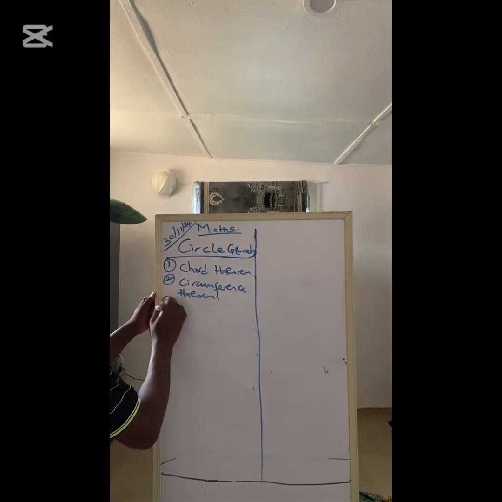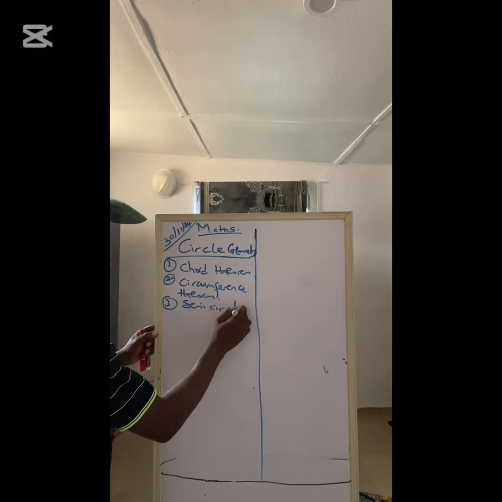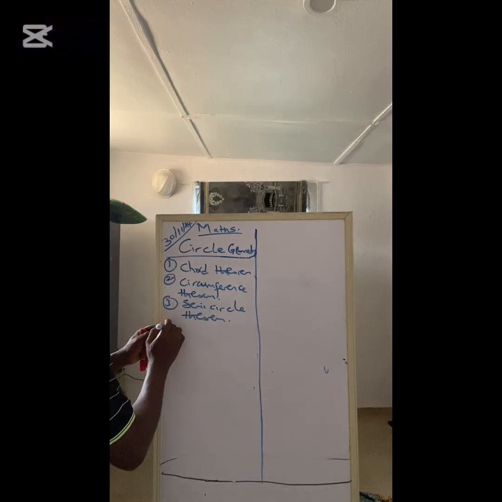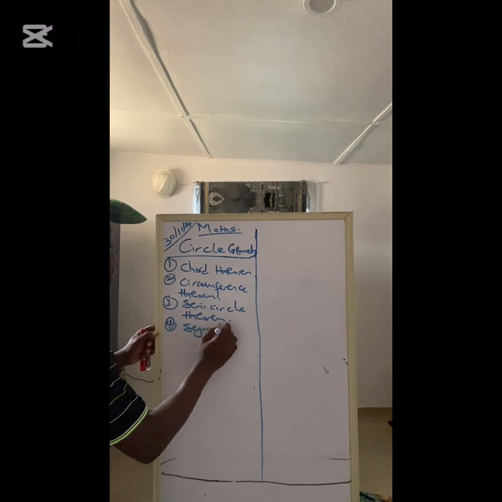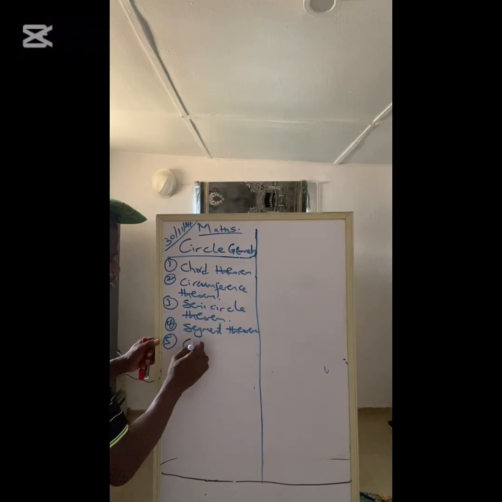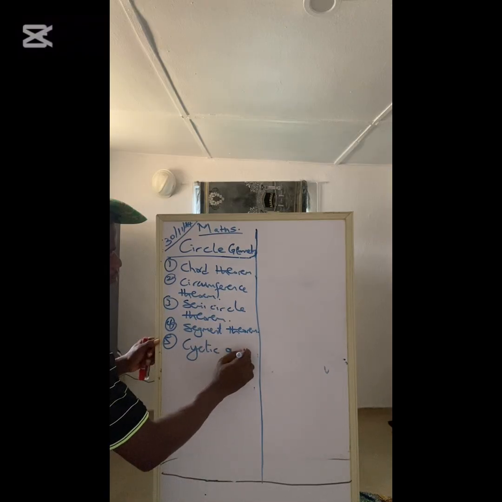Number three, we have the semicircle theorem. Number four, we have the segment theorem. Number five, we have the cyclic quadrilateral theorem.